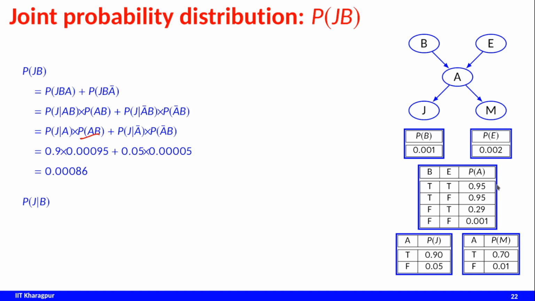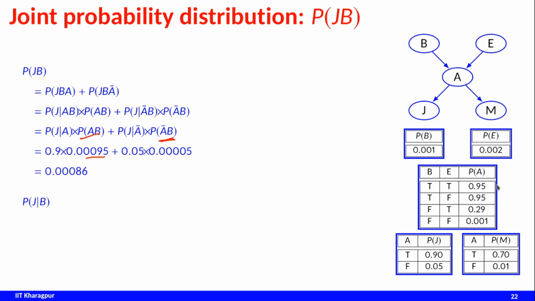We just need to find out in a similar manner what P of not A, B is, the probability of not A and B, using the same technique. For that I have to introduce the variable E. Here we have not shown it because we have already computed P of AB, and we can follow similar steps and then determine the value.